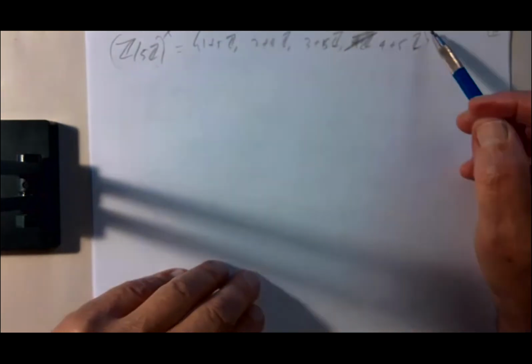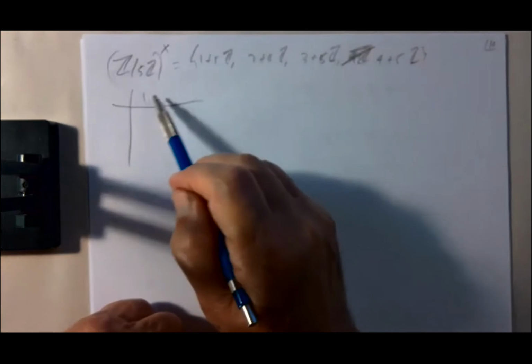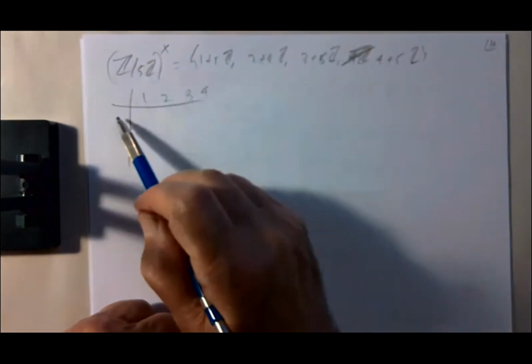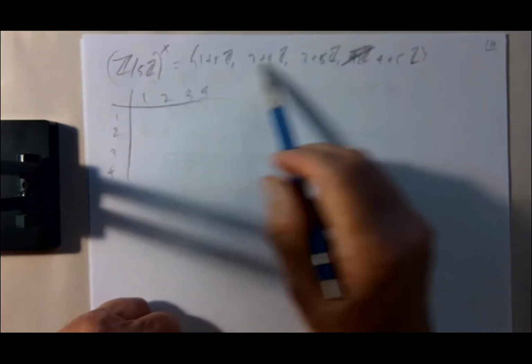So this is a multiplicative group with 4 elements. If you wanted to write out the multiplication table, I'll just write 1, 2, 3, 4 as a shorthand for these congruence classes.